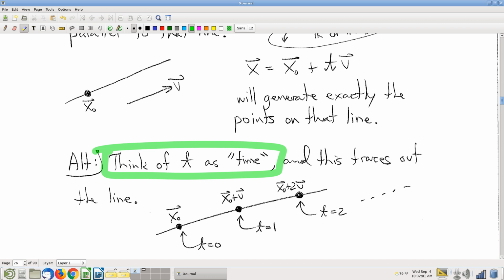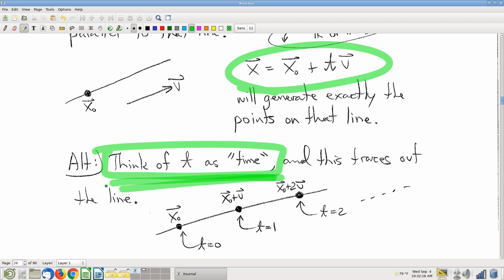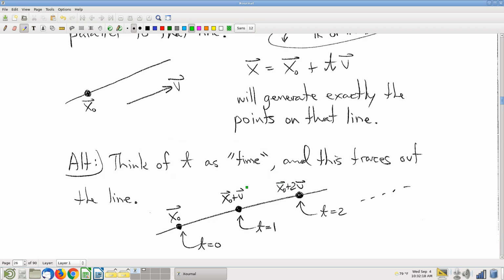So what we have here is a tool for describing position as a function of time, an actual physical thing. This is how we're going to describe physical motion, giving position as a function of time. So it's a multi-convenient interpretation.